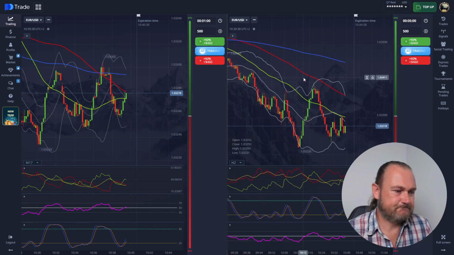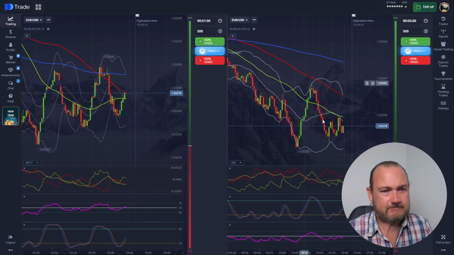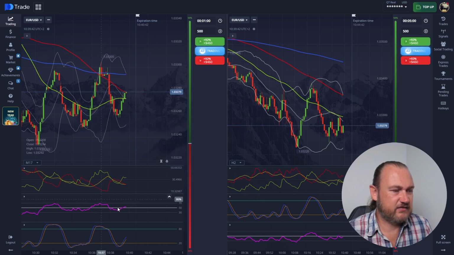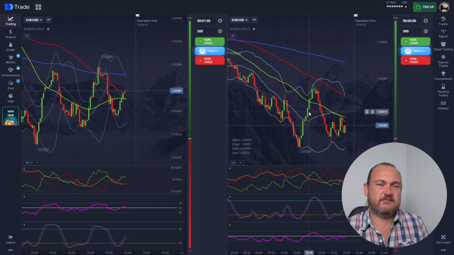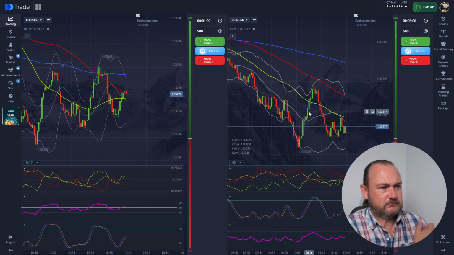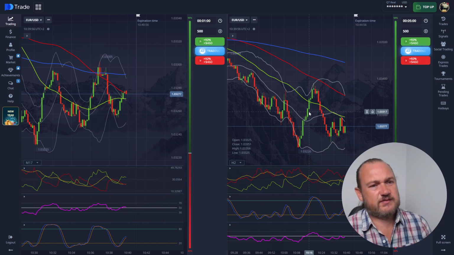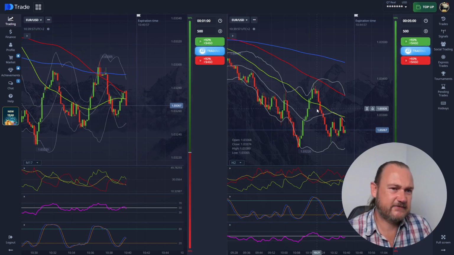So, yes. I'm not seeing any divergent setups anywhere, which sucks. But I'm pretty sure we'll get a decent entry soon, at least. We should get something soon, at the very least.